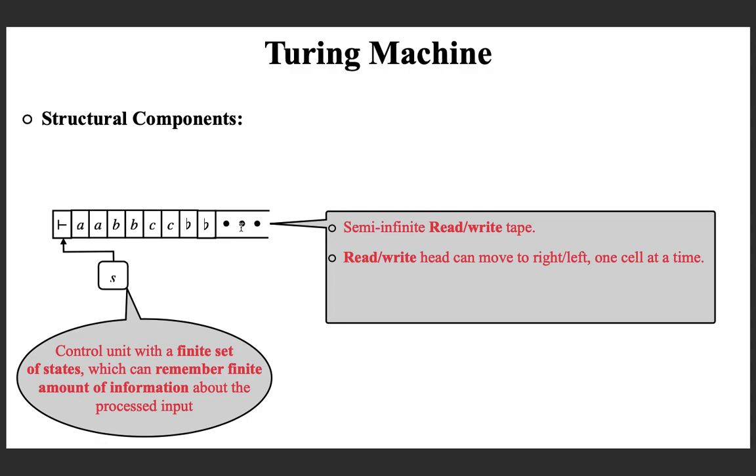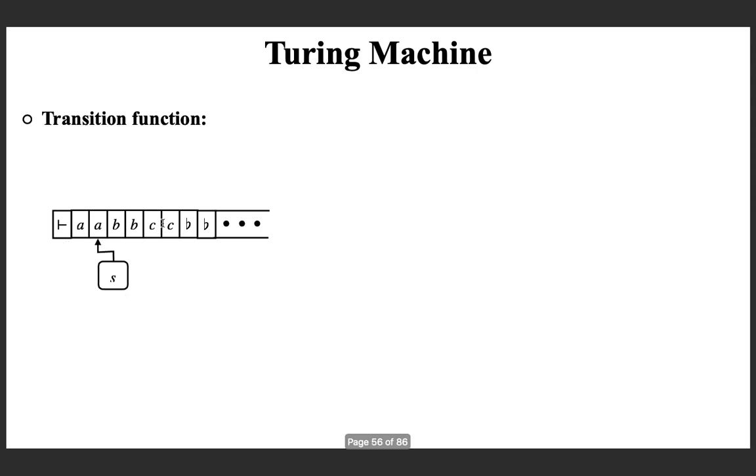As in the case of linear bounded automata, the read-write head can move right or left, and the machine can scan the input string any number of rounds moving left and right. The transition function is the same as in the case of a linear bounded automaton, no different. The only difference is that you are allowed to use infinitely many cells, otherwise same as a linear bounded automaton.